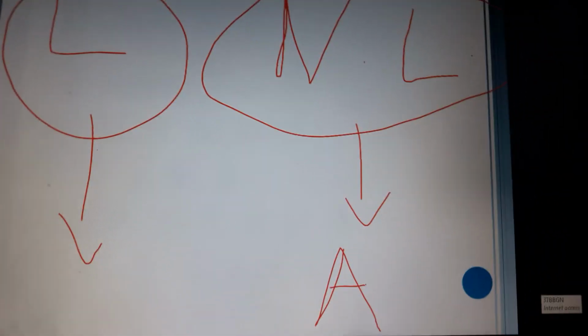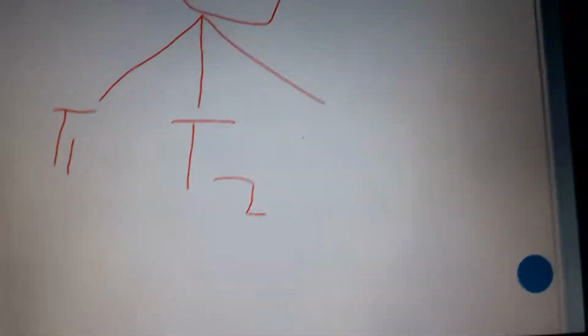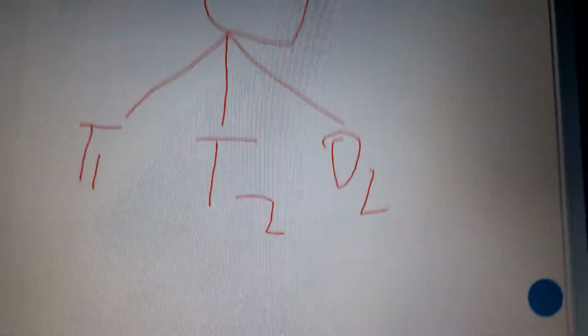Next, objects can also be classified as transparent, translucent and opaque. This is another type of classification, not the luminous type. I'll draw the chart once more so that you can understand very clearly. Transparent, T1, translucent, T2, and opaque, O2.